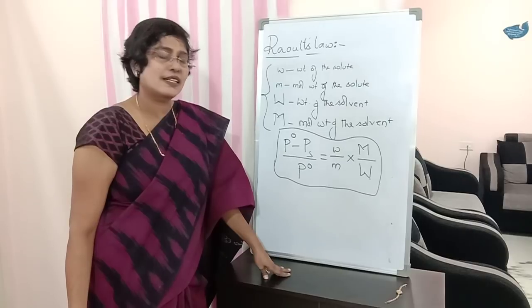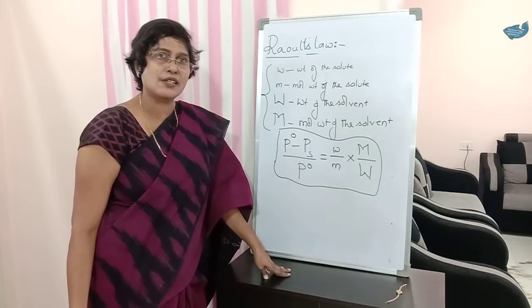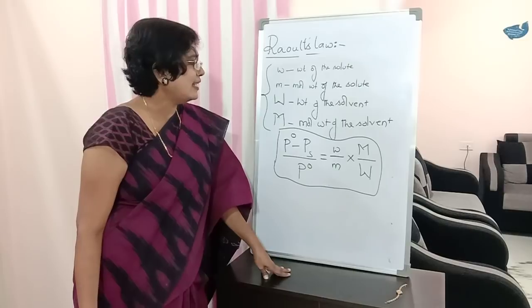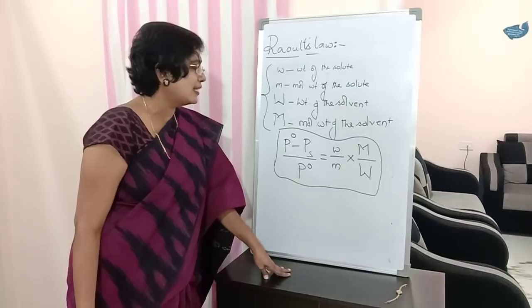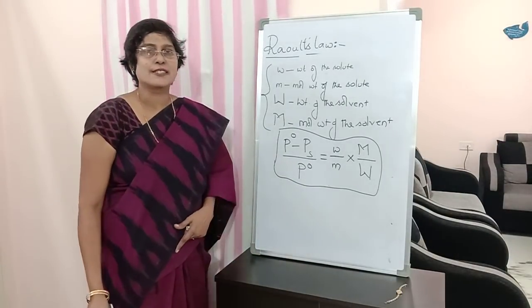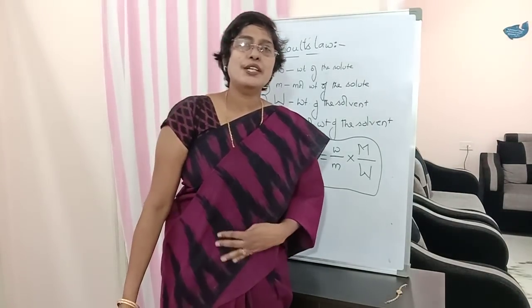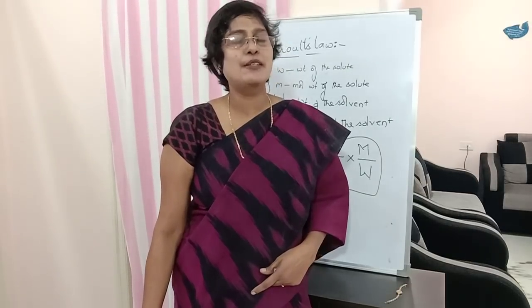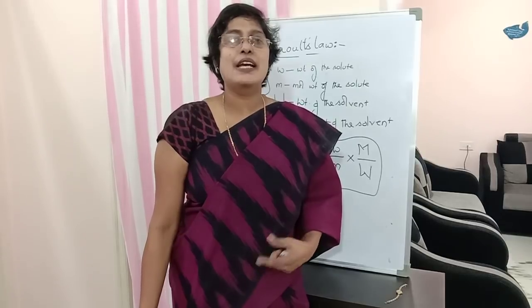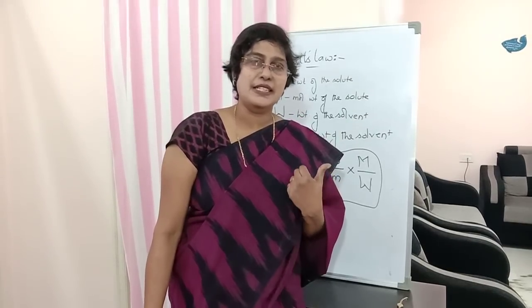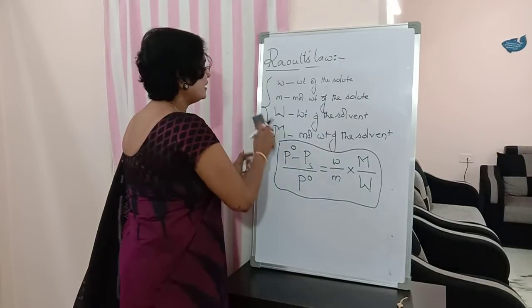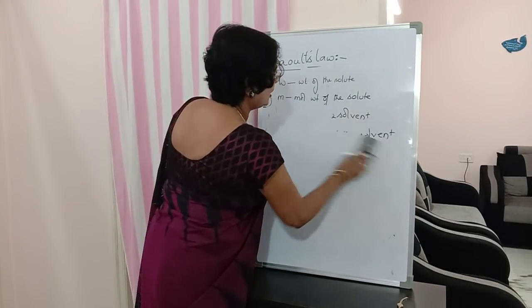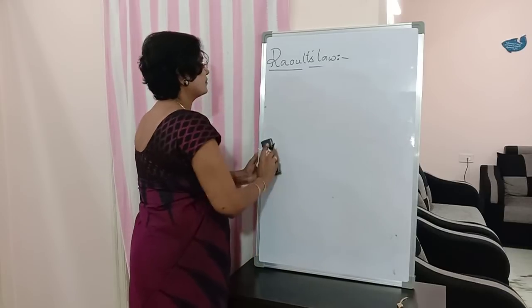Okay. So this is what we derived from Raoult's law, students. Clear? So once again I will just revise all the steps how we could come to this expression, students. So today we started with lowering of vapor pressure can be explained by Raoult's law. So we have taken a non-volatile solute which is dissolved in a solvent, and we have assumed the mole fraction of solute as, I am writing here, students, once again just for your revision.